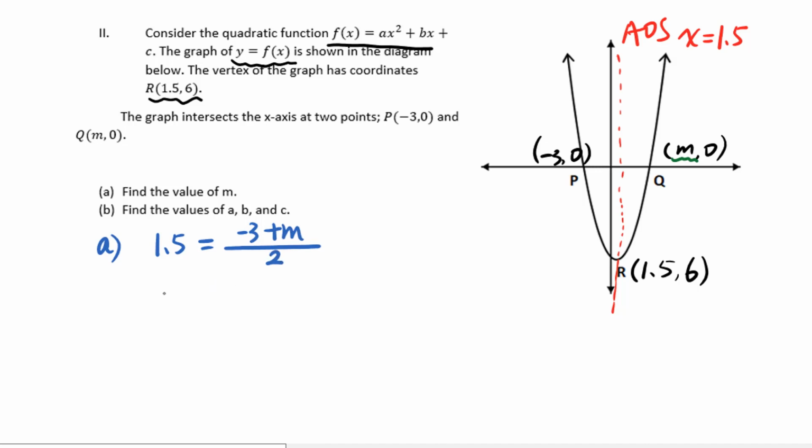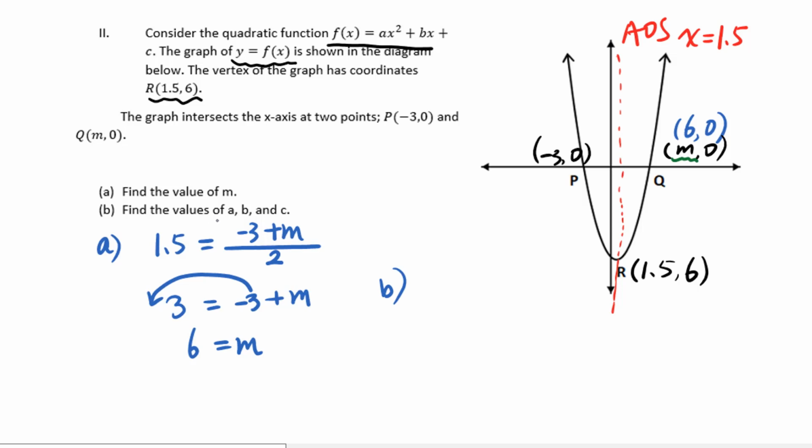Then multiply by 2 both sides. 1.5 times 2 is 3 equals -3 plus m. Then cross the river, change the sign. 3 plus 3 will be 6, so m equals 6. We get 6, 0.